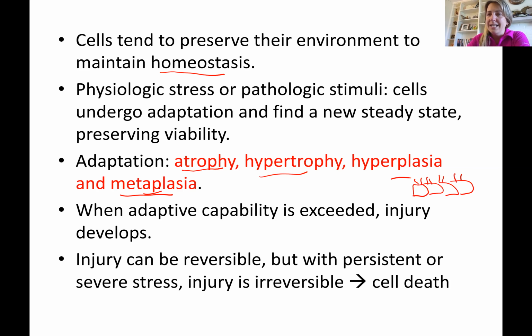So the body is going to start to add, instead of these ciliated cells, what we call cuboid cells into this area, which are tougher cells. So the toxins from the cigarette smoking are not going to kill the cells, but they don't have the cilia. So they don't work the exact same. So metaplasia is a change in cell type.